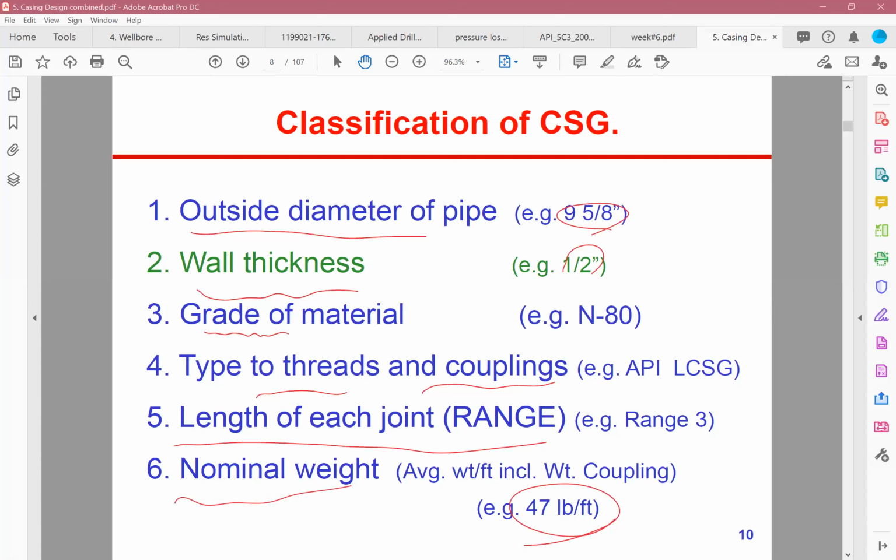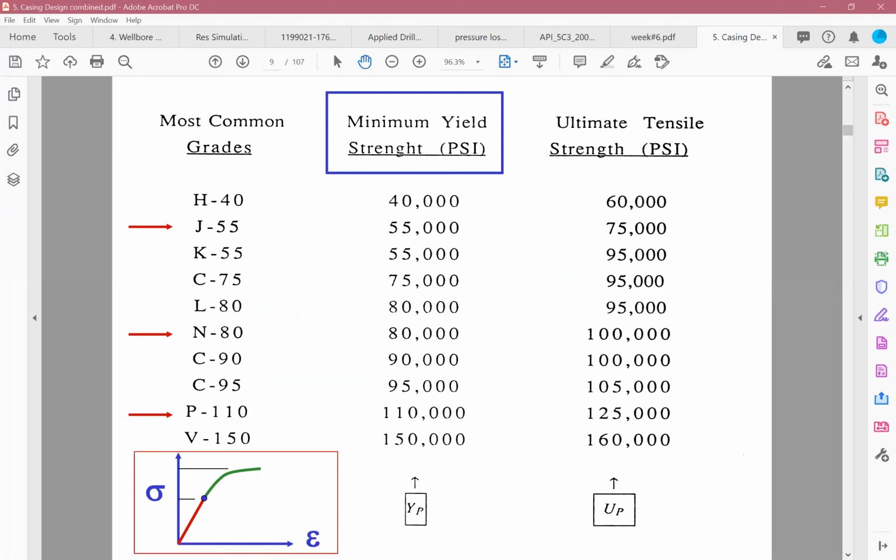This is also important when we design the casing. We will talk about the axial tension, which you already know from axial tension calculations. That comes into play here as well, so the weight is important for that purpose. So how are casings reported? There is an API.